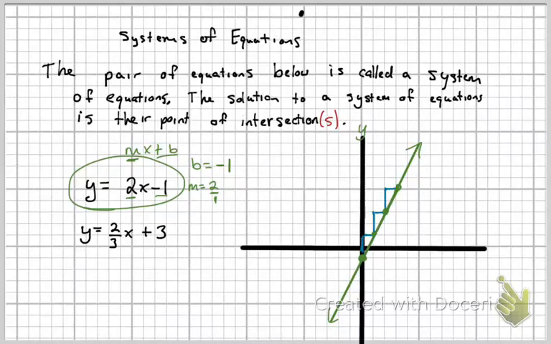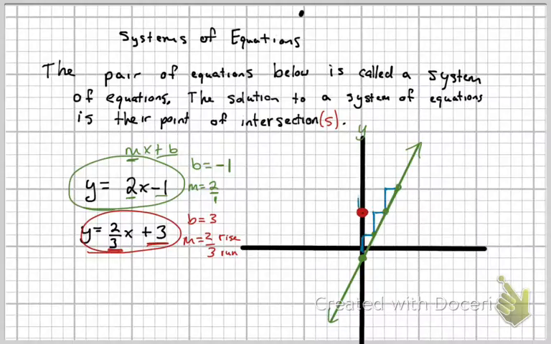Okay, and so our next line, we've got y is equal to 2/3x plus 3. Again, we've got another linear equation, so we want to start by finding our b value, which in this case would be +3, and our slope, which is 2 over 3. So we're going to find +3 on the y-axis, and then our slope, we've got rise 2 and run to the right 3.